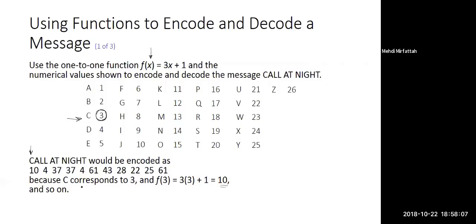So that would be the number corresponding to the letter C. So nobody would know that until somebody would give me the equation. You can use any equation you want for encoding and decoding. So if you know the encoding and decoding correspond to this equation, f of x equal to 3x plus 1, then you can go through this calculation and figure out that the letter C corresponds to the number 10.